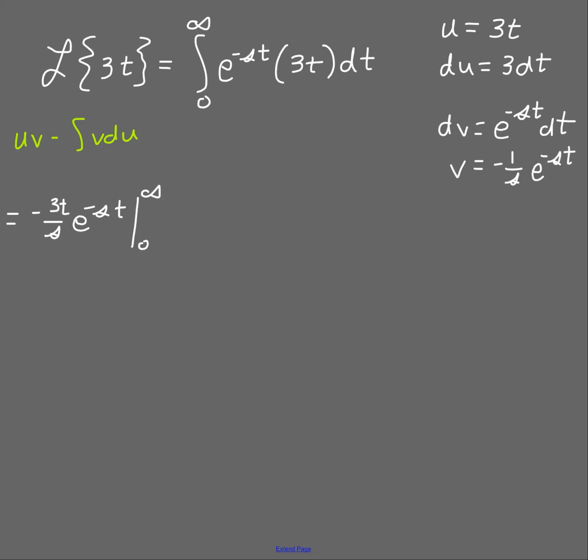And then minus the integral from 0 to infinity of v du. So v du is going to be negative 3 over s e to the negative st dt.